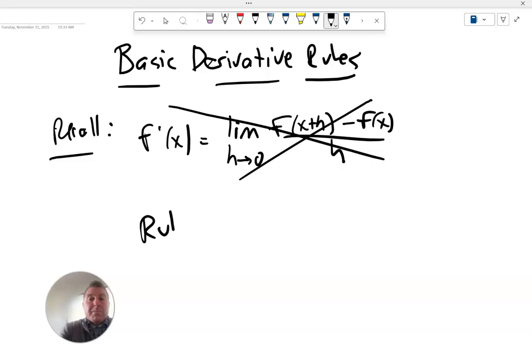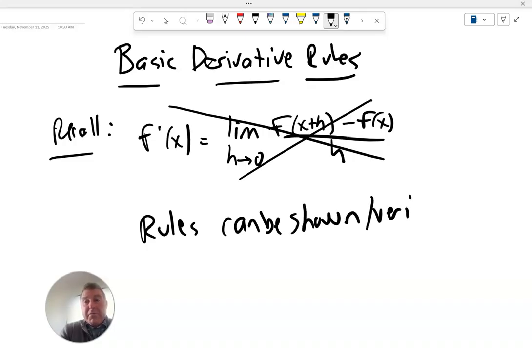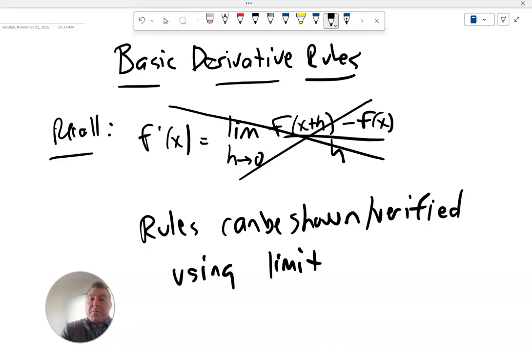Now these rules can be shown or verified or proved using the limit definition, which we've been tussling with for quite some time.